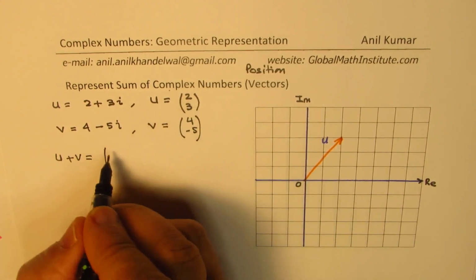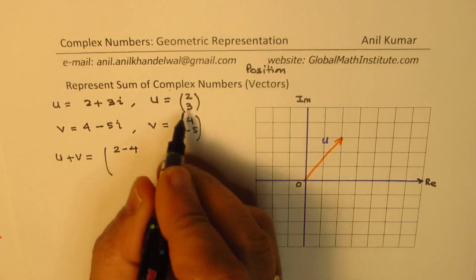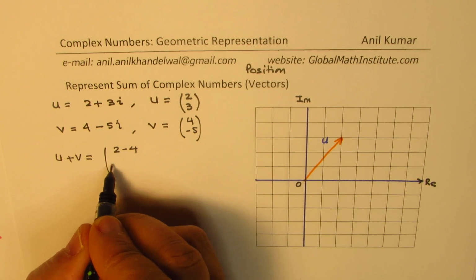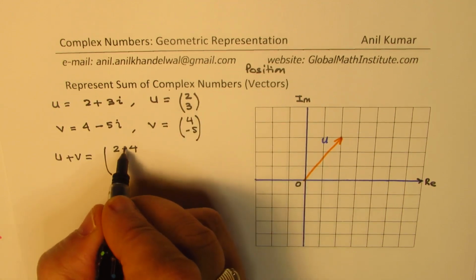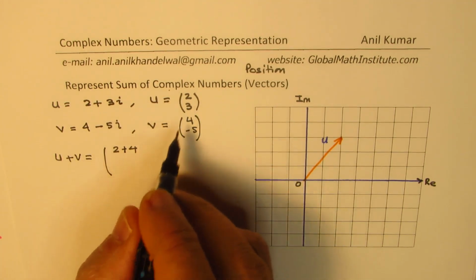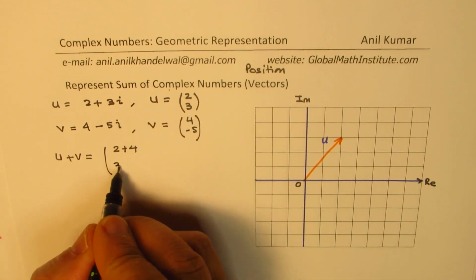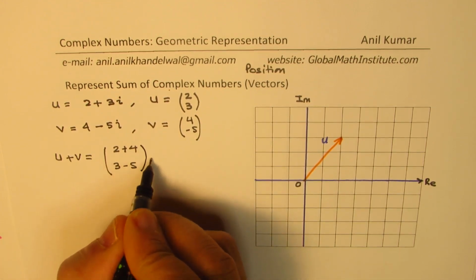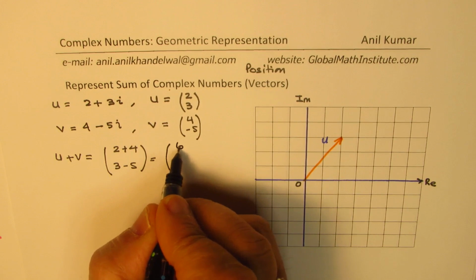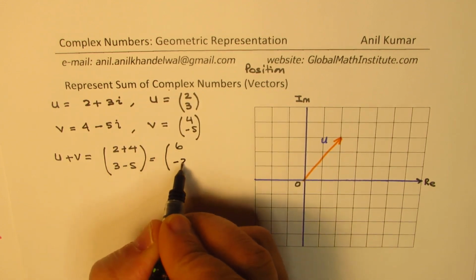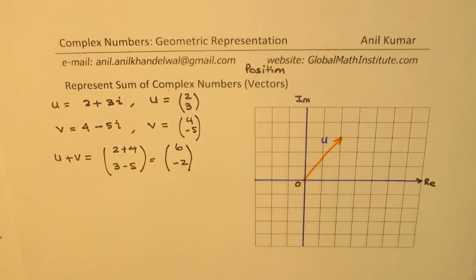The result will be 2 plus 4 and 3 minus 5. Add means plus, right? Add the corresponding x values and the y values. And the result will be 6, and that is minus 2, right? Let us see on the complex plane how this is performed.